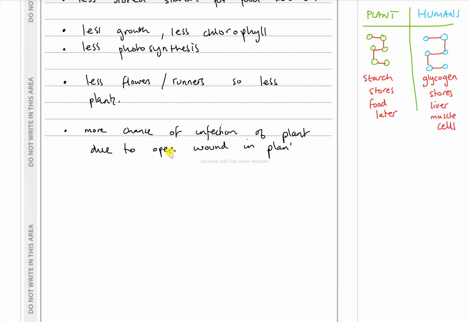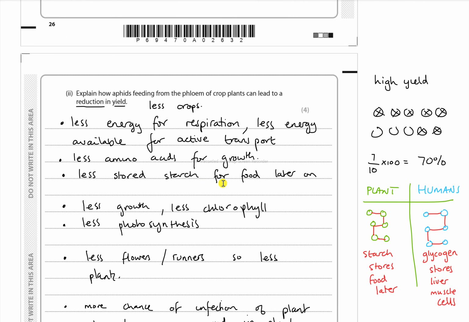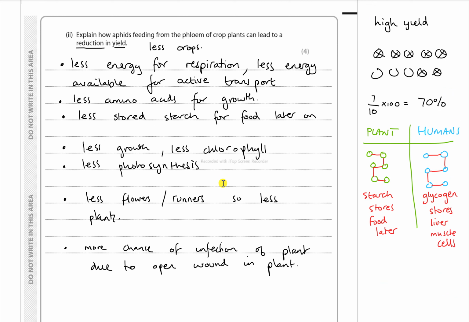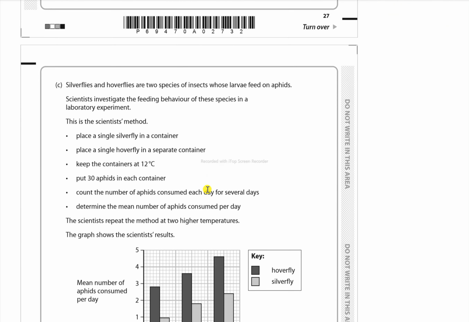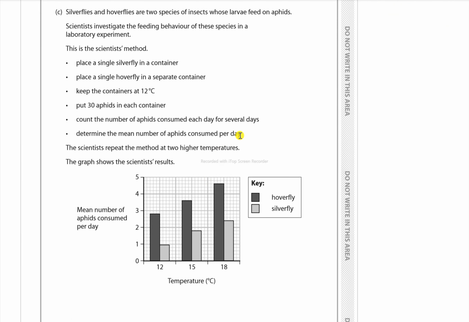There you go. Right, so that's how you'd answer it. So basically stems less food has a knock-on effect, less chloroplast, less growth, less photosynthesis, and you've got the other side where you've got an open wound which can cause infection.